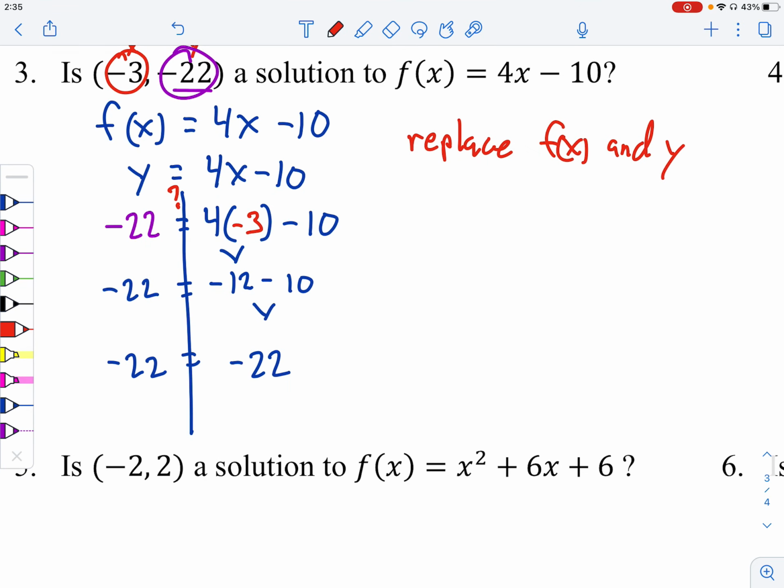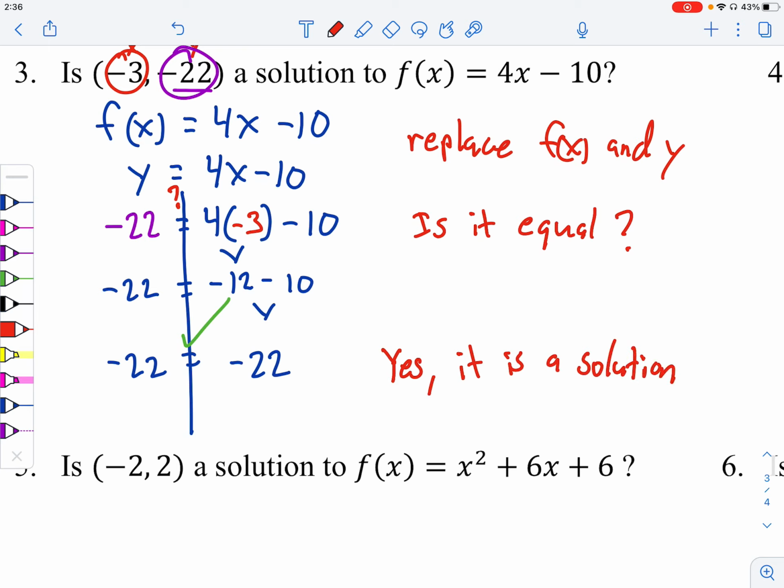So you're asking, is this equal? And this one is yes. So it is a solution. It came out to be correct.